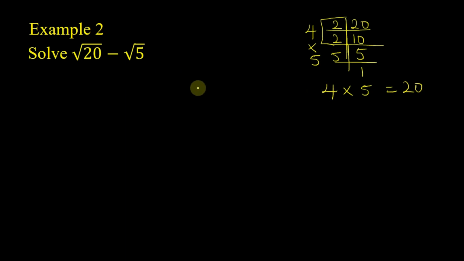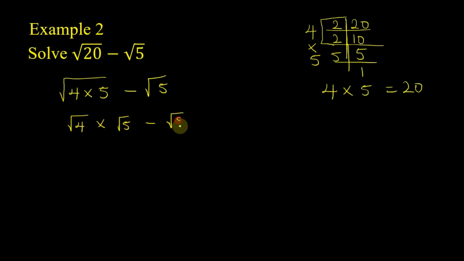Having done this, my square root of 20 will be equal to square root of 4 times 5, minus the square root of 5 that I have here before. Now I can separate the two factors. So this will be square root of 4 times square root of 5 minus square root of 5.